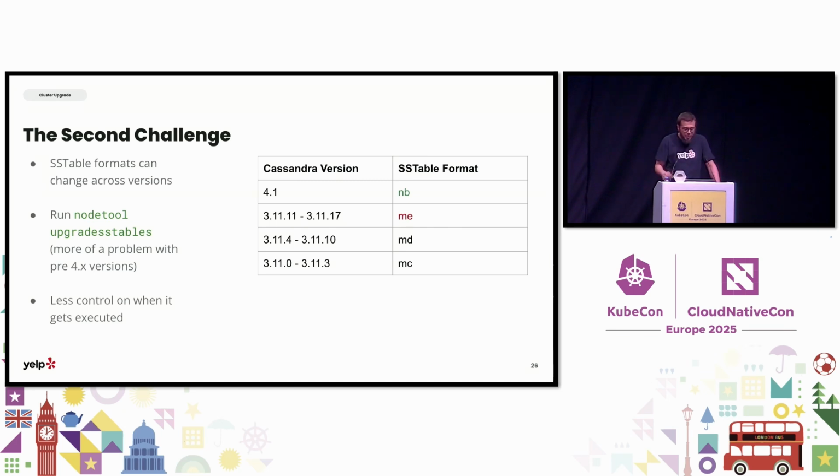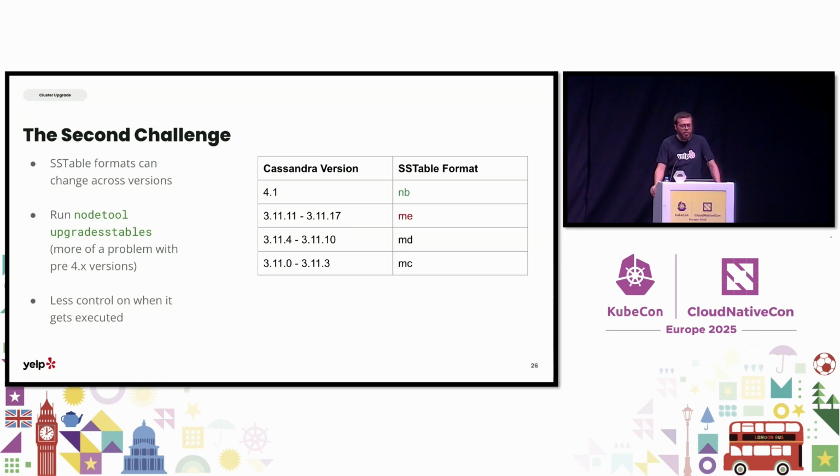The second problem that we faced during the upgrade was related to SSTable format versions. The table format versions can change with Cassandra versions. In the table, you can see that there is an NB format in the 4.1 version, which used to be ME in the 3.11.13 version, and similarly, it used to be MD and MC respectively in earlier 3.11 versions.